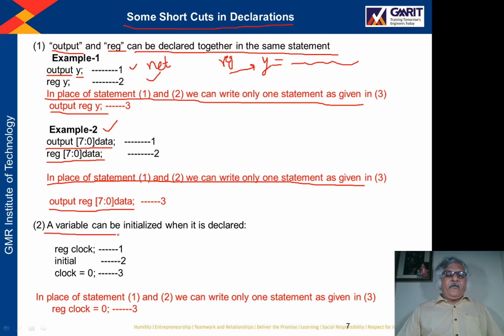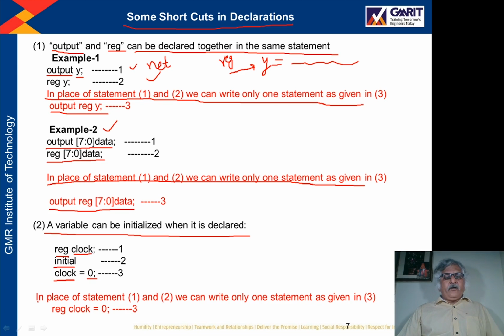Now a variable can be initialized when it is declared. So we can initialize the variable at the moment we declare it. For example, reg clock, we have declared clock as reg type, then we have written the initial keyword, then clock is equal to 0. We are assigning the value 0 to the clock.